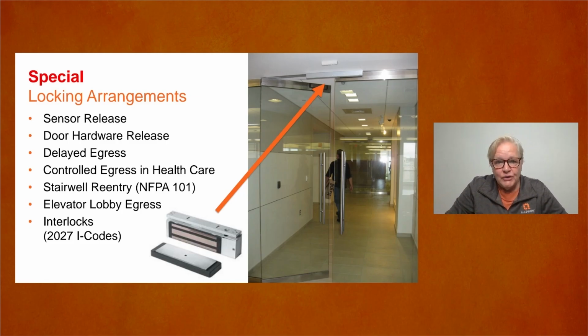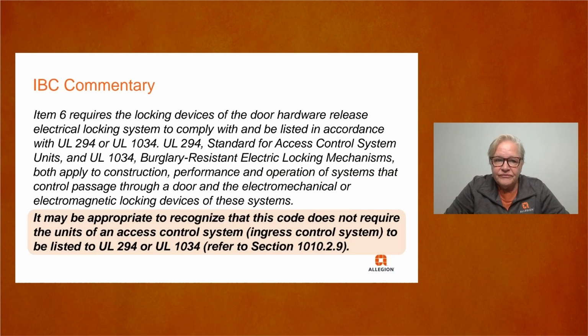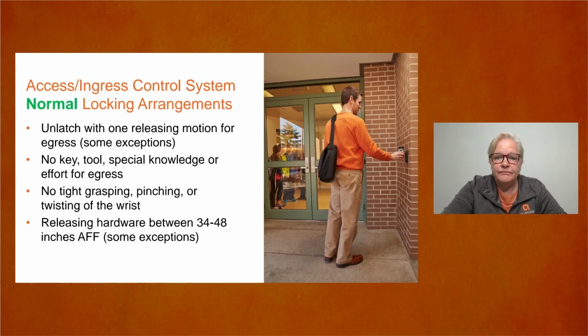There's been a code change that I'm going to talk about. But remember, in each section of the IBC commentary where it talks about UL 294 and UL 1034, it references those access control doors or our normal locking arrangements, and it says that the listing requirements don't apply to those.